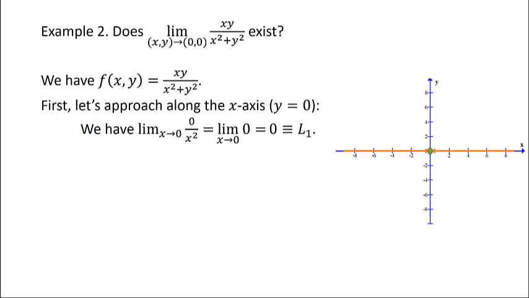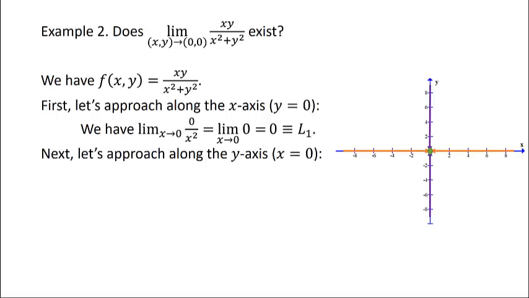Now, if we follow what we did in the previous example, we could try approaching along the y-axis as well, which is when x equals 0. But this time, if we replace x with 0 in our equation, we have the limit as y approaches 0 of 0 over y squared, which is 0. Notice we got the same value for the limit. This is where we must be careful. Notice we are not done with this problem.